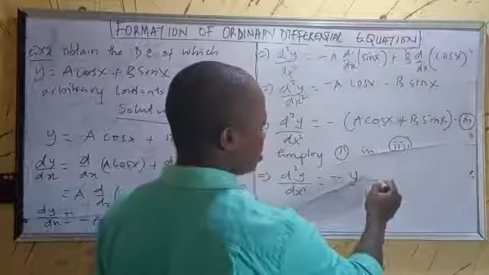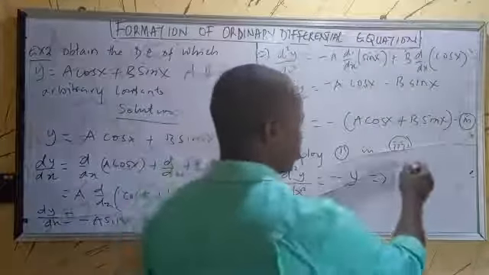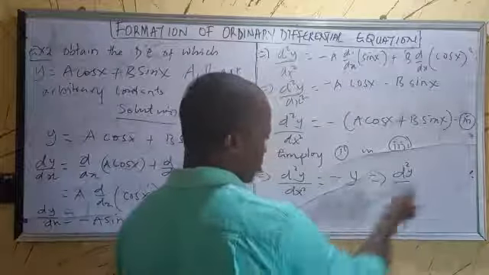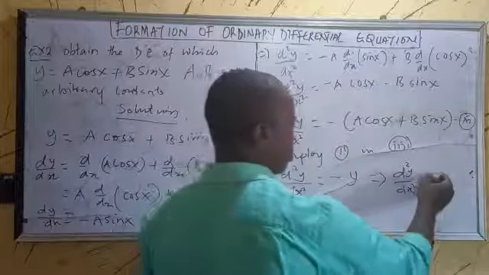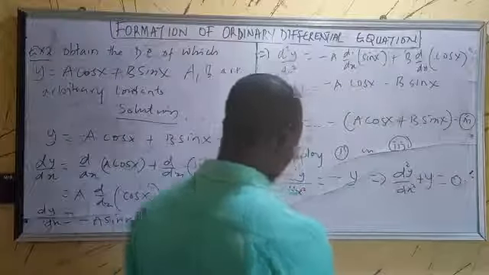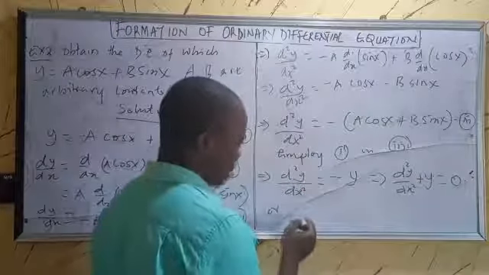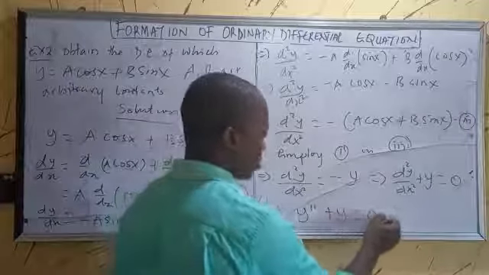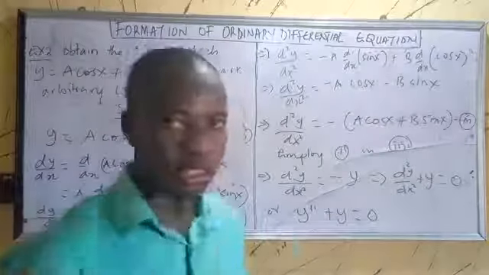This also can be written as d squared y over dx squared, bringing this to the left hand side, plus y equals 0, or you can still write it as y double prime plus y equals 0, which is the solution to our problem.